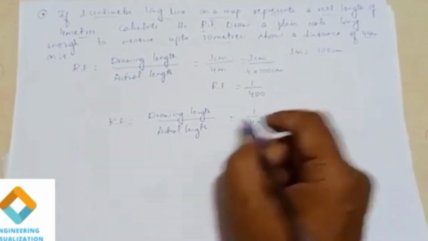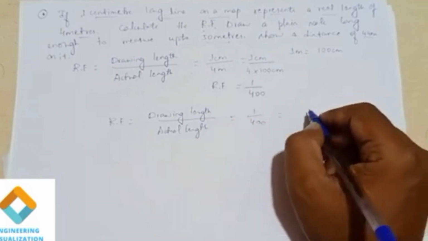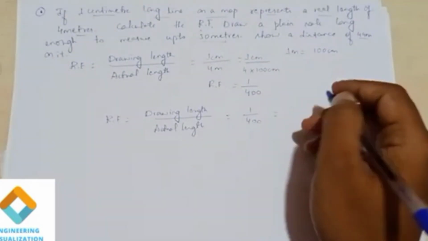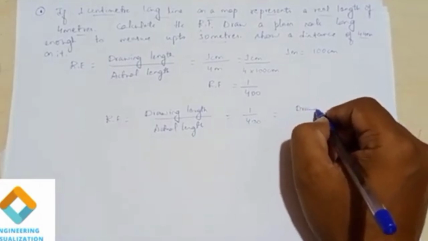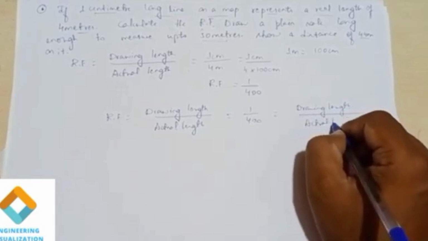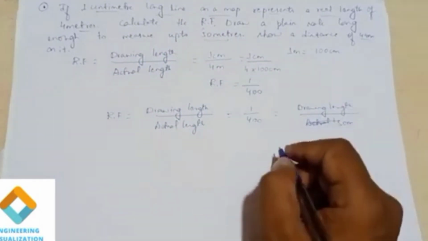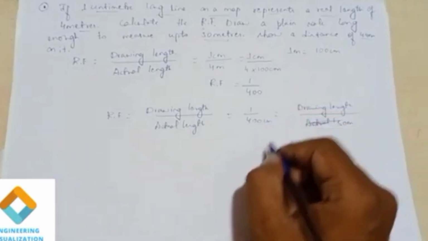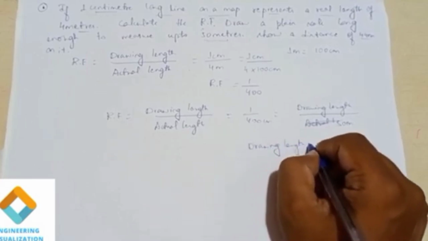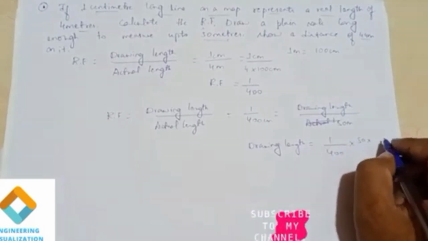We have the RF, that is 1 by 400, and for the actual length we take 50 meters. We substitute everything here, so we need to find the drawing length. Drawing length is equal to 1 by 400 centimeter into 50 meters.